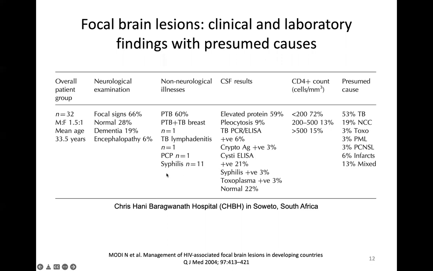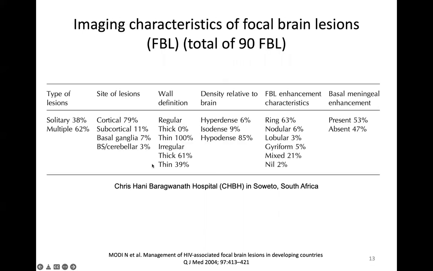I liked reading this paper, and I will share it when I share the slides and the recording. Just go through it. It's quite empowering in terms of understanding issues of the CNS and imaging. In terms of types of lesions, most patients presented with multiple lesions, mostly affecting the cortex, and the majority had thin walls.